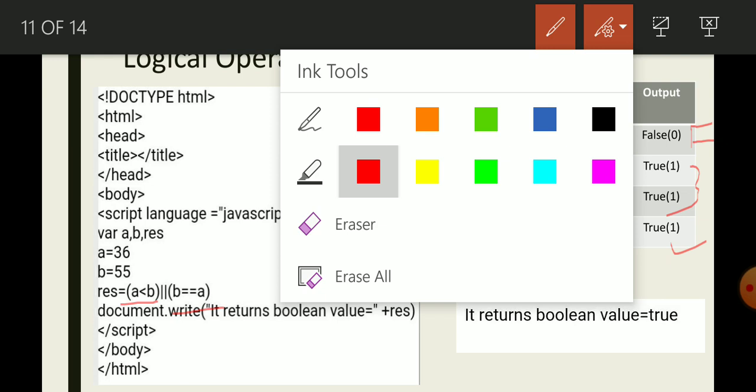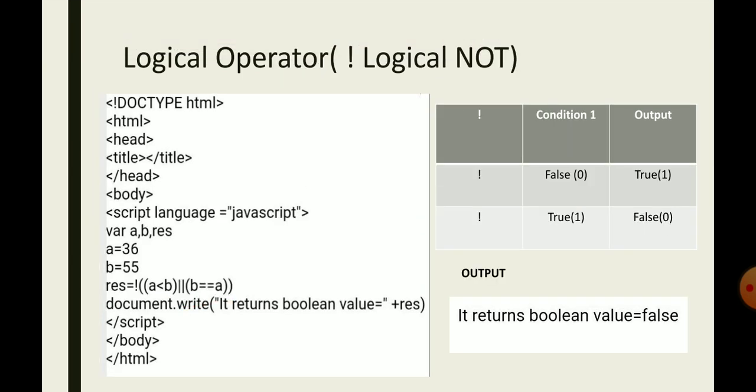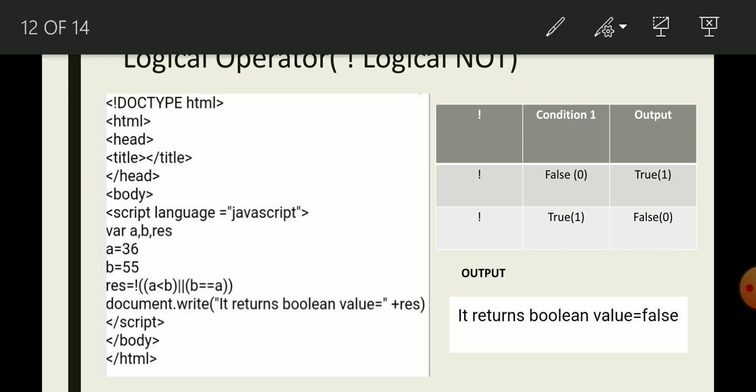Now next is the NOT operator, which inverts the result. If the result is true and you write logical NOT, then it displays the result false, and vice versa. You can see here an exclamation symbol is used.